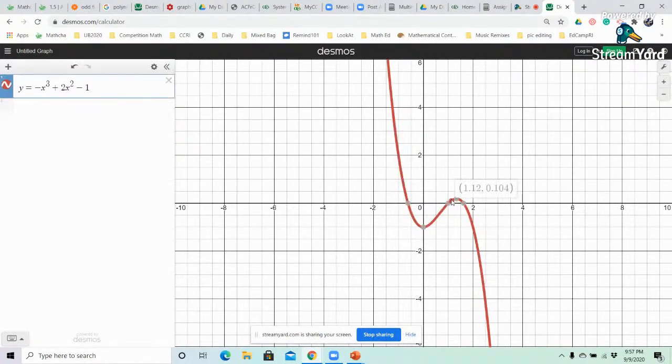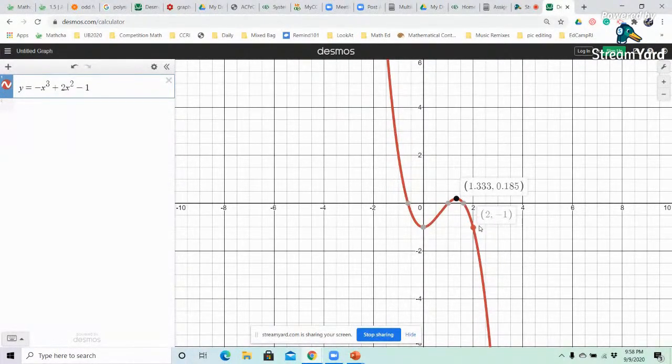Basically, I want to cursor, if I click and hold along the graph, I can trace the graph until I get to x equals 2. And we're there. And I can just say, hey, 2 pairs with -1.